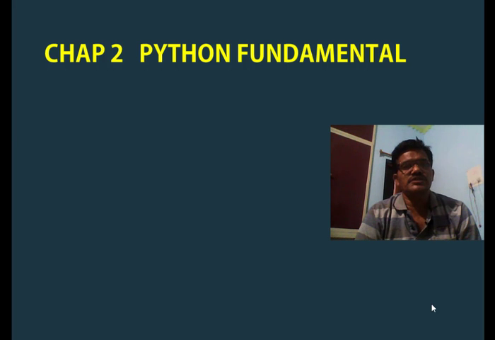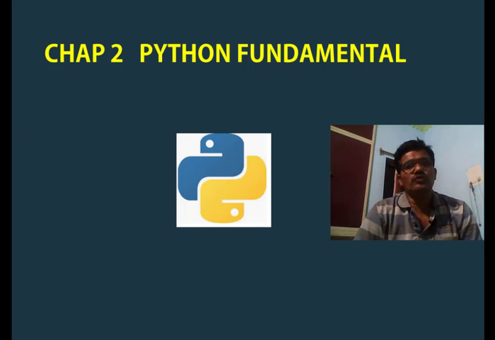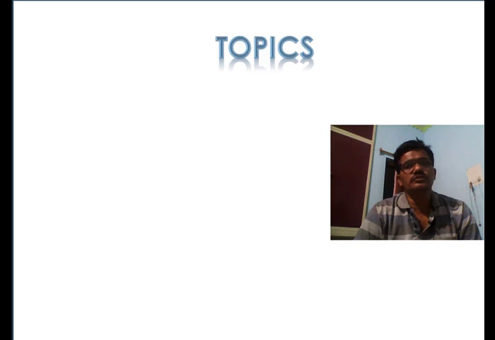Hello students, in this video we are going to start chapter number 2 of your Computer Science Python Fundamentals. Before we proceed, let's see what topics we are going to cover in this video.